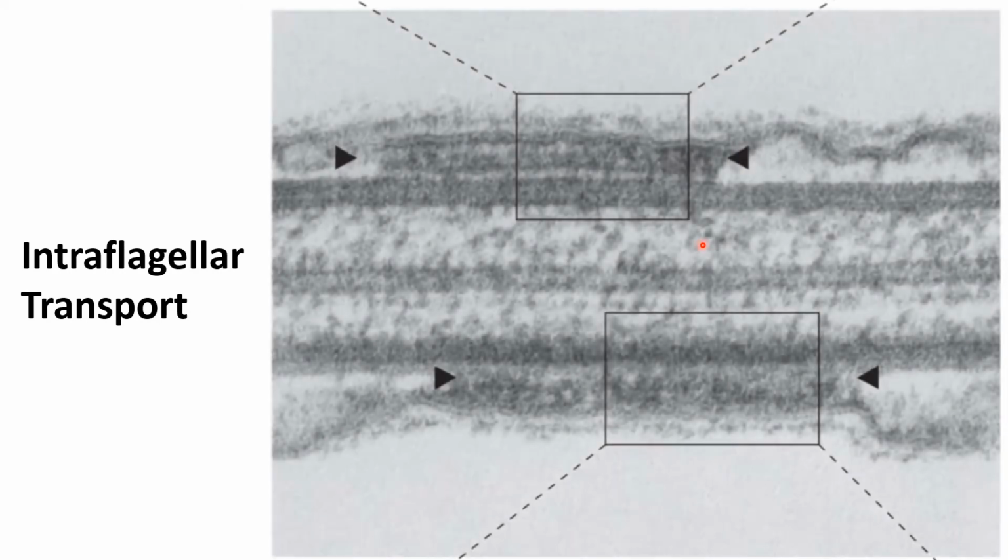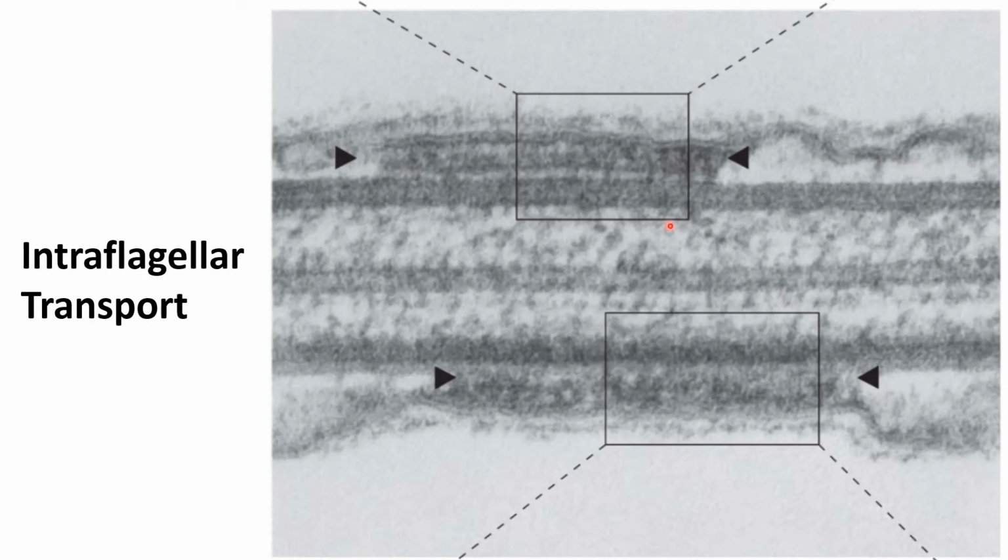So how do cilia and flagella grow in terms of length, or how do they adjust their length? The answer is intraflagellar transport. There's actually transportation of materials from the base of the cilium or the flagellum to the tip, and vice versa.